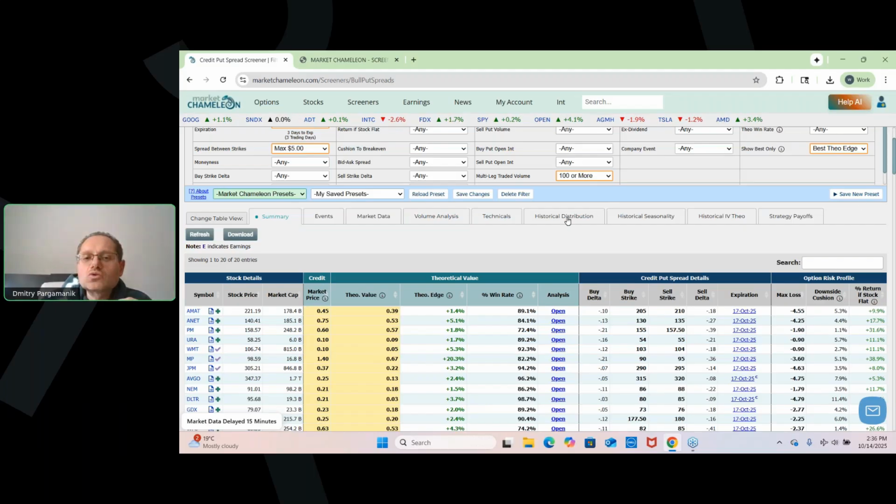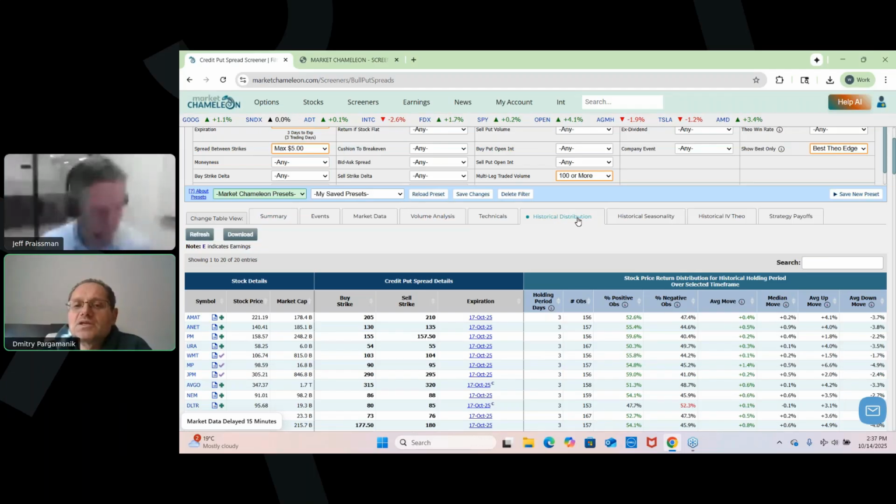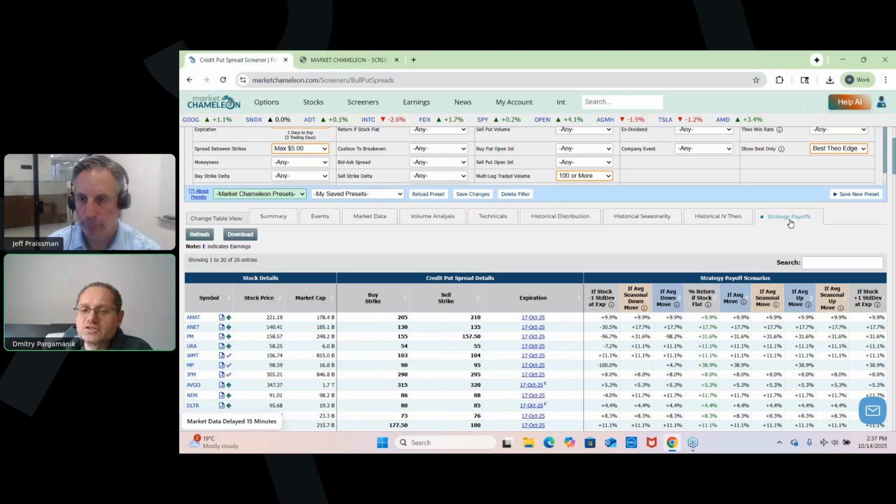So if we go to the historical distribution here, right, what this is showing us, actually, let's go to strategy payouts here on this tab. So really quickly, what this does, and we could screen by it, it shows us the potential returns of this spread based on certain stock moves, right?